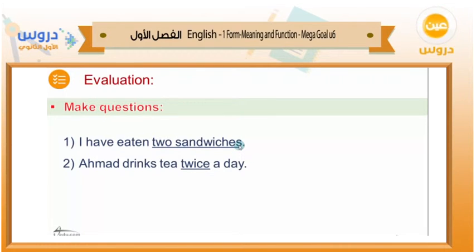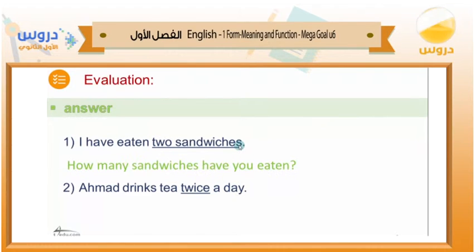So the question is, if you want to make how many, why many? Because sandwiches are countable. How many sandwiches have you eaten? Why did I use how many with the noun, and the question with subject and rest of the sentence, which is a verb here? Because sandwiches is countable. How many sandwiches have you eaten?